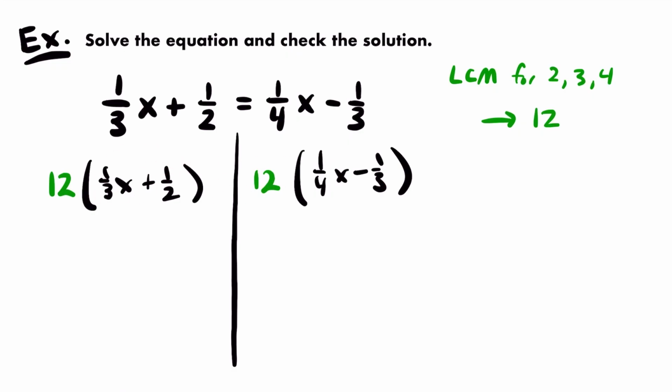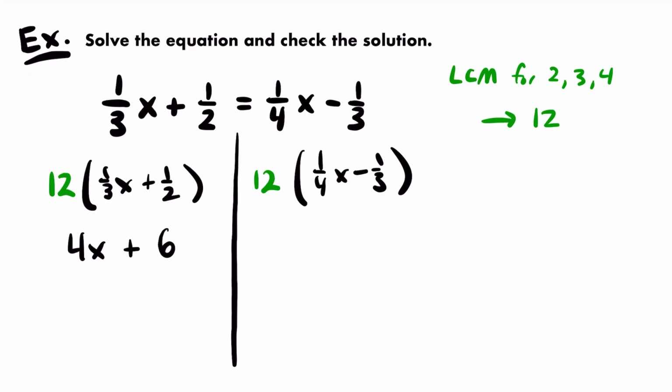And so now using the distributive property, we're going to multiply 12 by both of the terms in this quantity, and we'll do the same thing over here. 12 times 1/3 x, that will give you 12 divided by 3 times x, but 12 divided by 3 is 4, so we get 4x plus 12 times 1/2. You can multiply 12 into the numerator and get 12 divided by 2, which is 6.